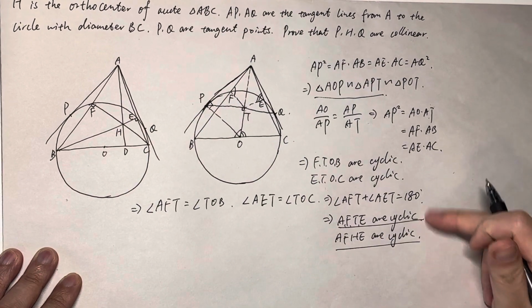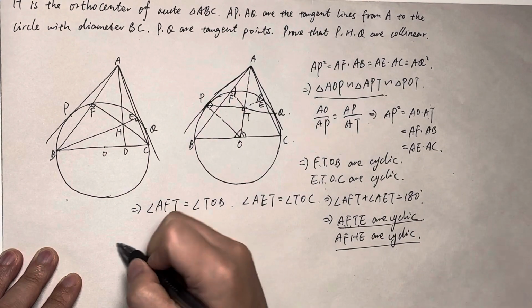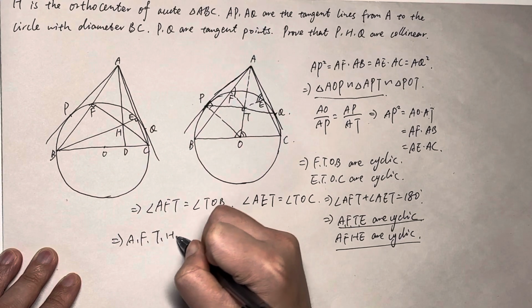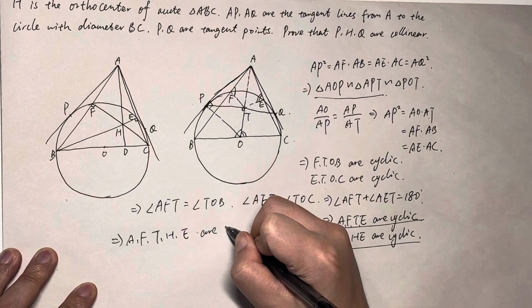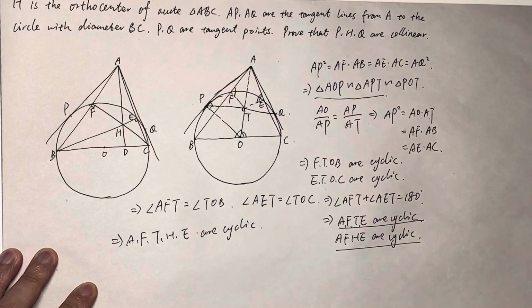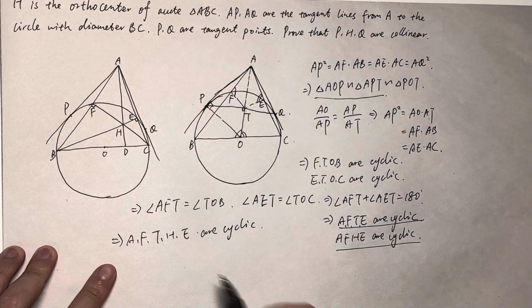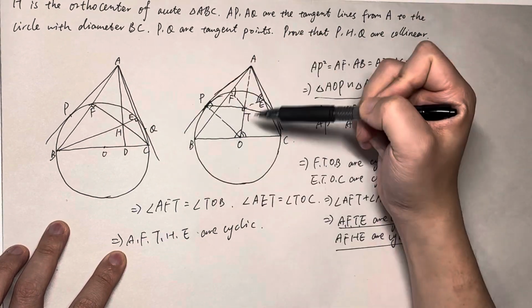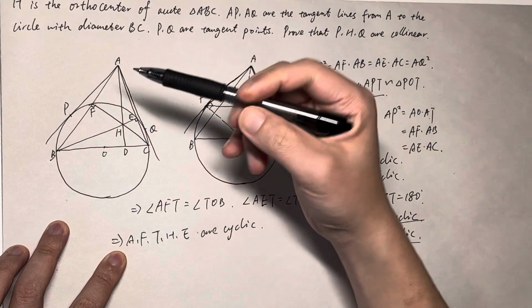And these two mean that AFTHE are cyclic, right? AFTHE are cyclic. So T is a midpoint of PQ, right?